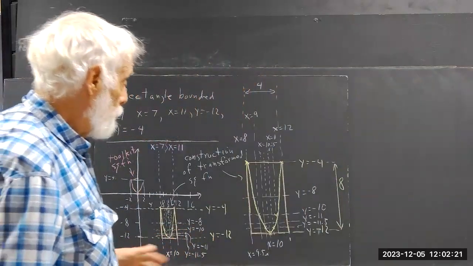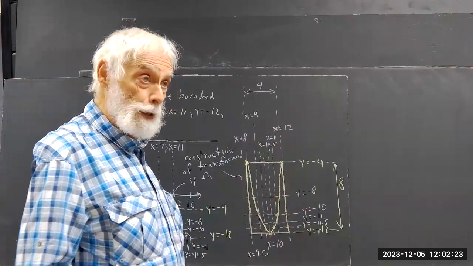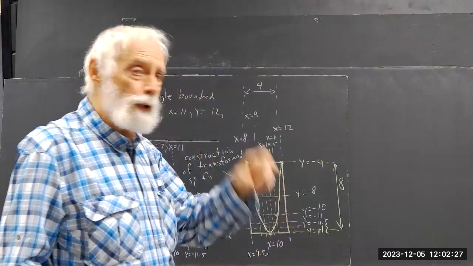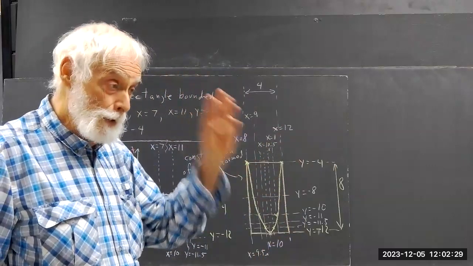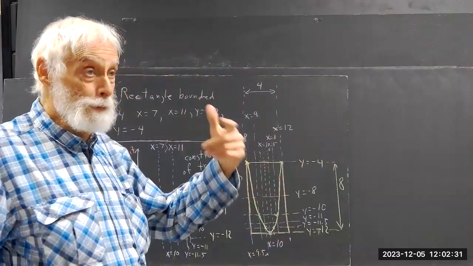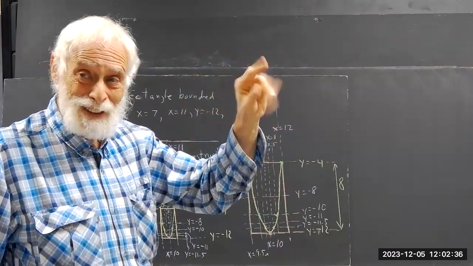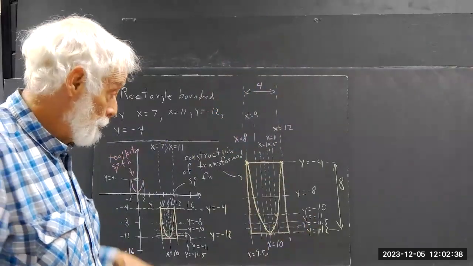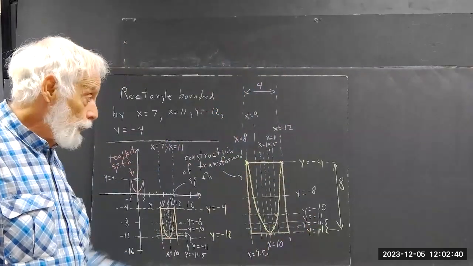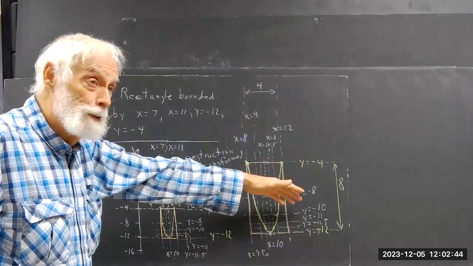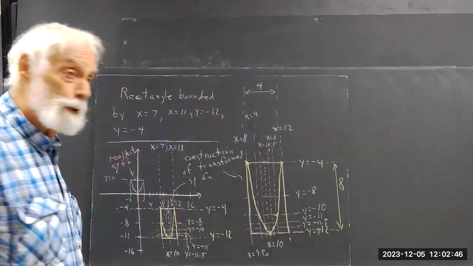You can't just subtract to get big numbers, you can count: negative 12, negative 11, negative 10, negative 9, negative 8, negative 7, negative 6, negative 5, negative 4. Okay, that's 8. I lost track of where my fingers were. Okay, get the idea? It's an 8 by 4 rectangle.